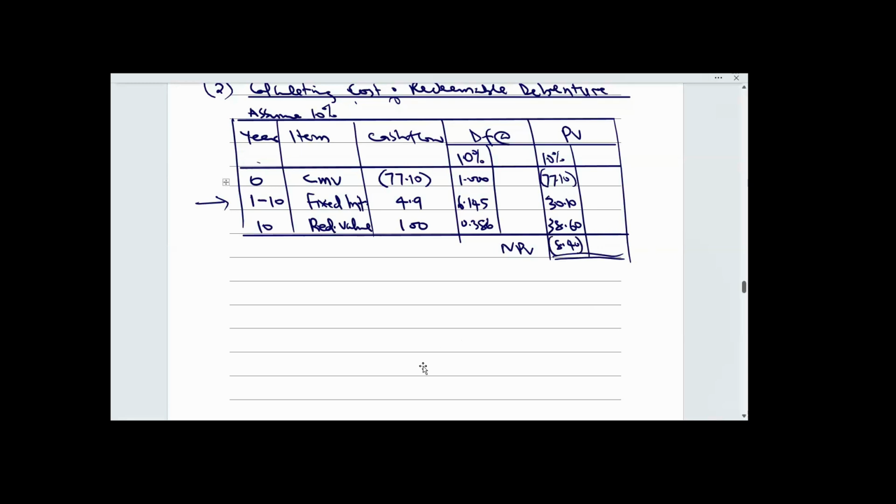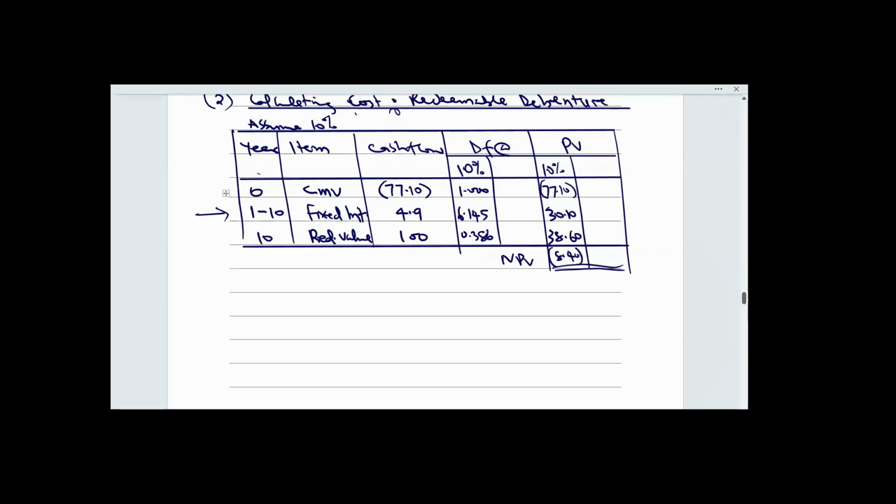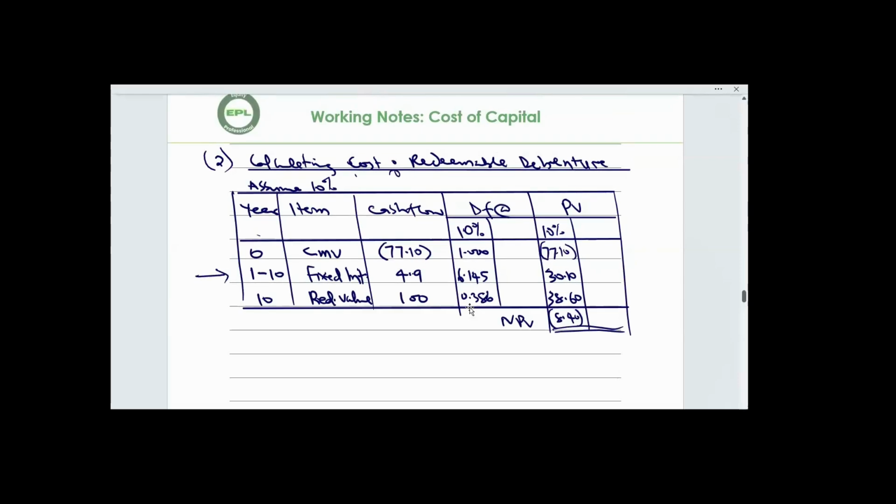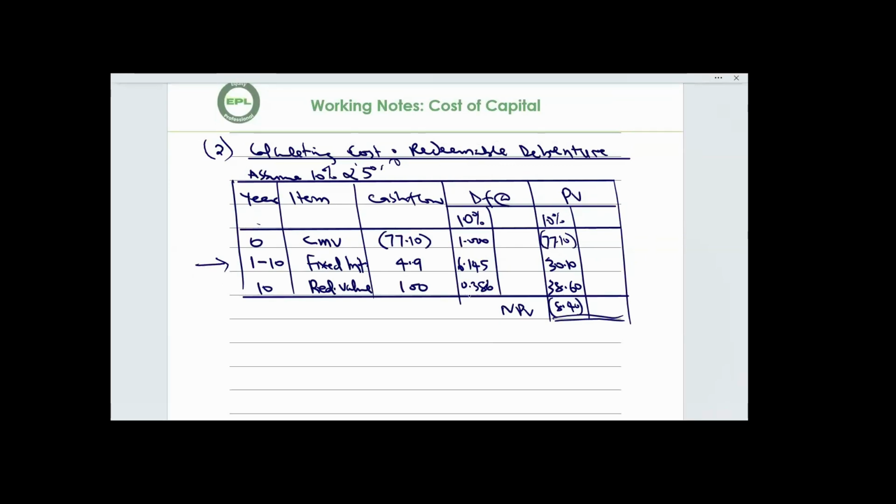Yes, sir. Okay. So assuming 10%, we got a negative NPV of 8.4. Let's assume a lower discount rate that will produce a positive NPV. So I would then say 5%. Let's calculate the annuity factor of year 1 to 10 at 5%. Give it to me.